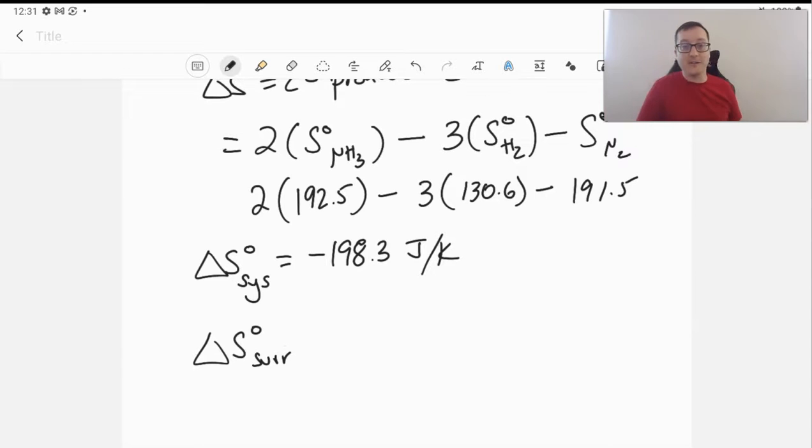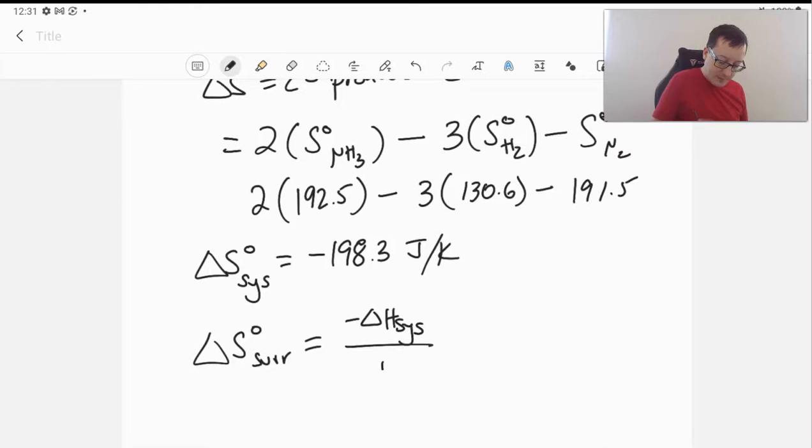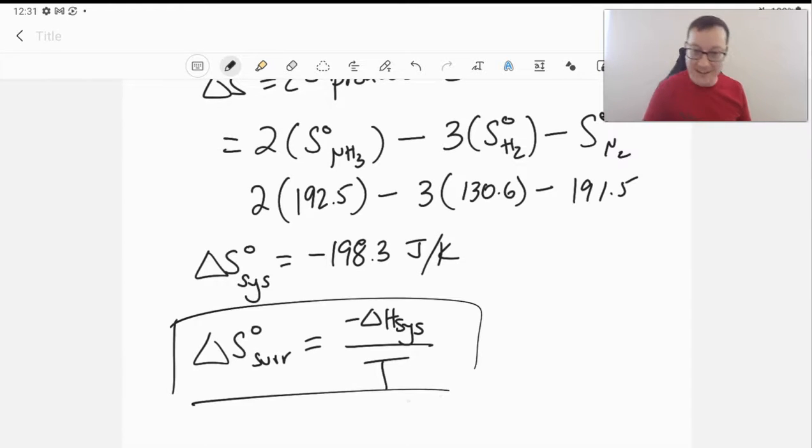We actually have to use some other math here, and without bogging you down with the details, it's simply going to be the negative delta H of your system over the temperature. So just accept this as a formula. So the delta S of your surroundings will be the negative delta H over the temperature at constant pressure, technically, which most reactions take place in.